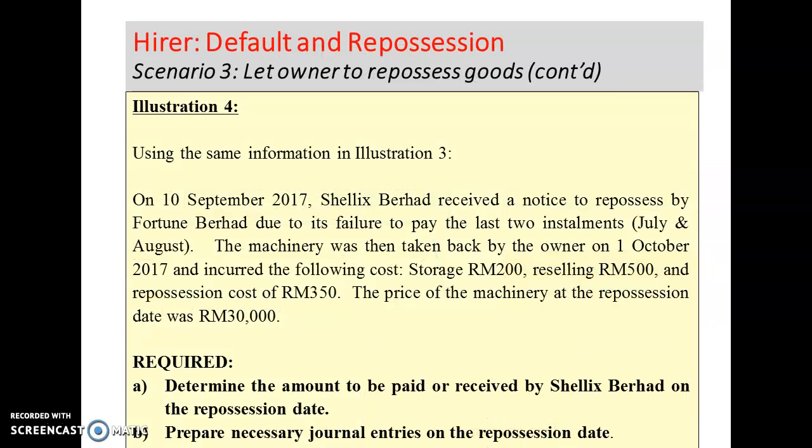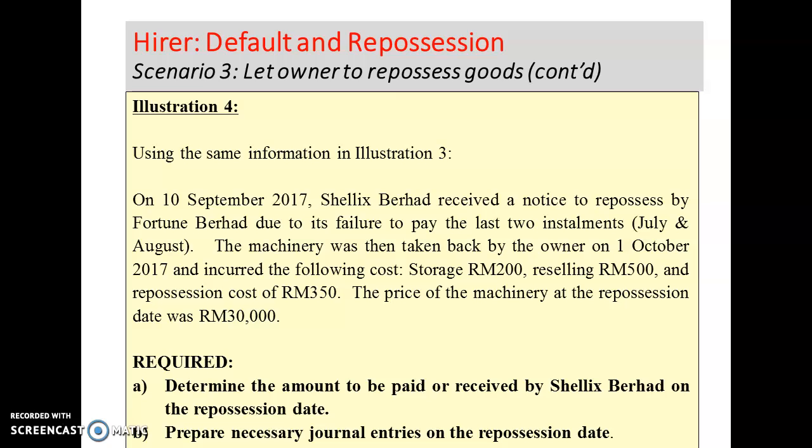Alright, now let's look at illustration 4. We're going to use the same information as illustration 3 for Shelley's Berhad, where the company purchased a drilling machine for the price of 70,000, paid a deposit of 20,000 and installments of 4,375.